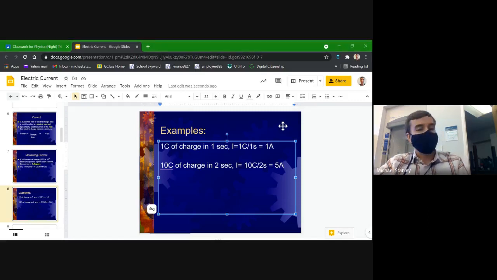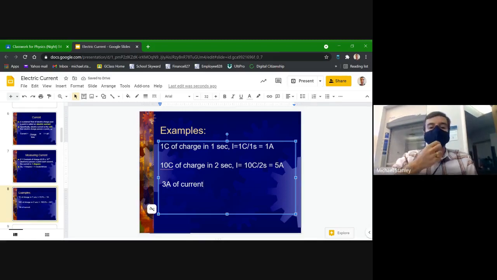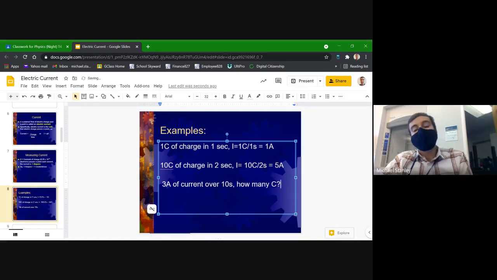So, for example, if we know that our current is 3 amps, and we want to figure out over 10 seconds how many coulombs are going to flow.